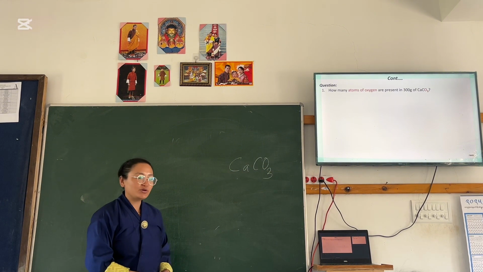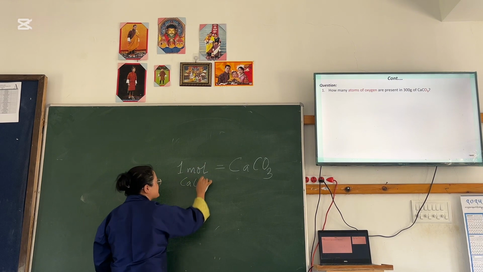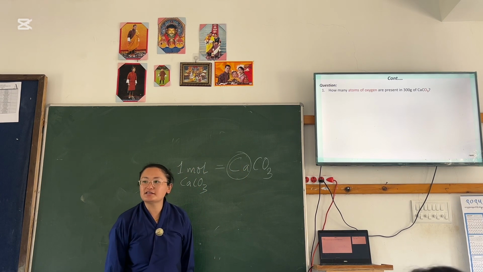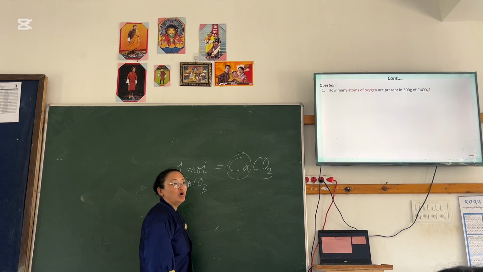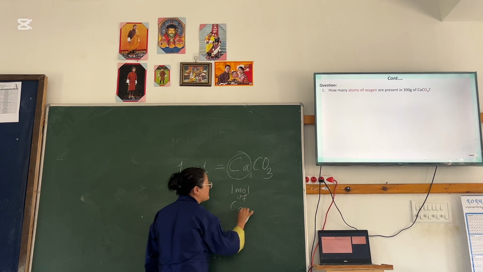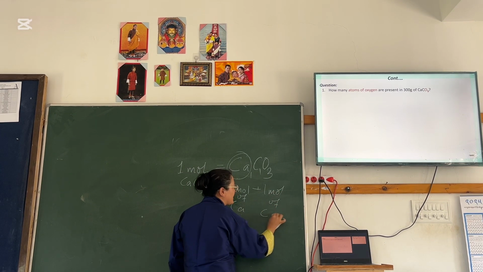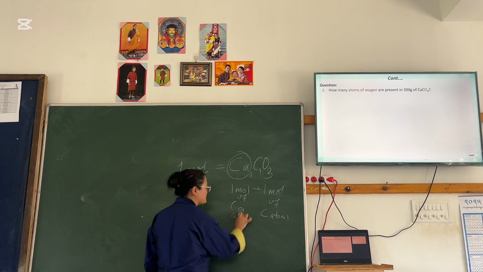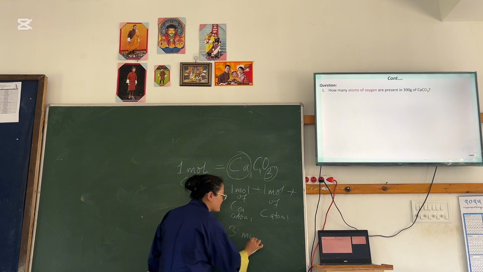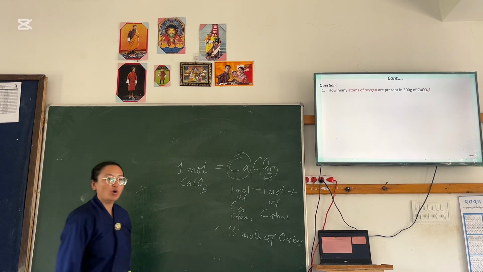If we had 1 mole of calcium carbonate, how many moles of calcium are there? 1 mole of calcium, plus how many moles of carbon? 1 mole of carbon atoms. And how many moles of oxygen atoms? We have 3 moles of oxygen atoms in that 1 mole.